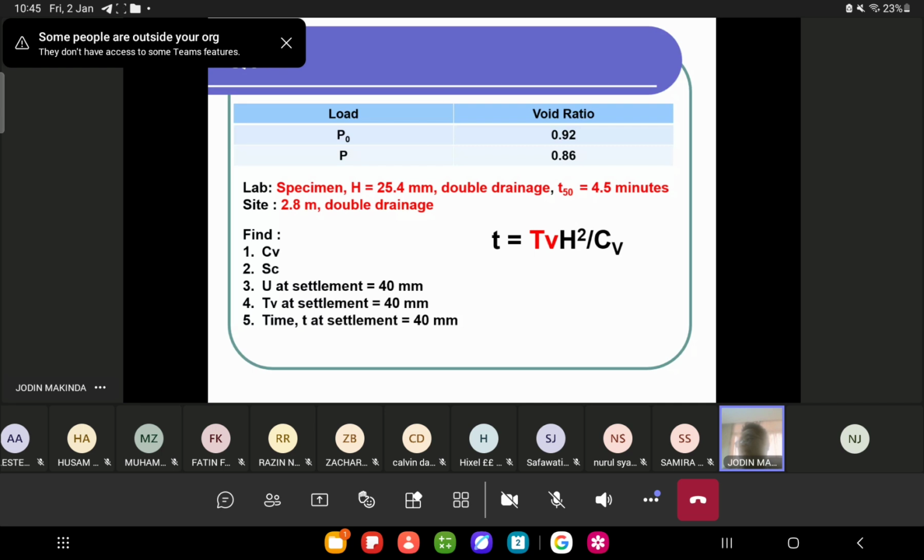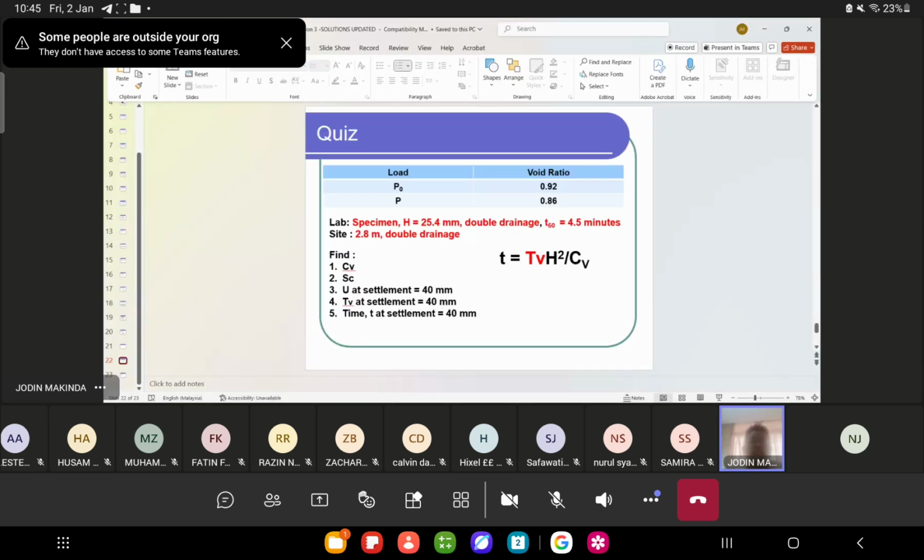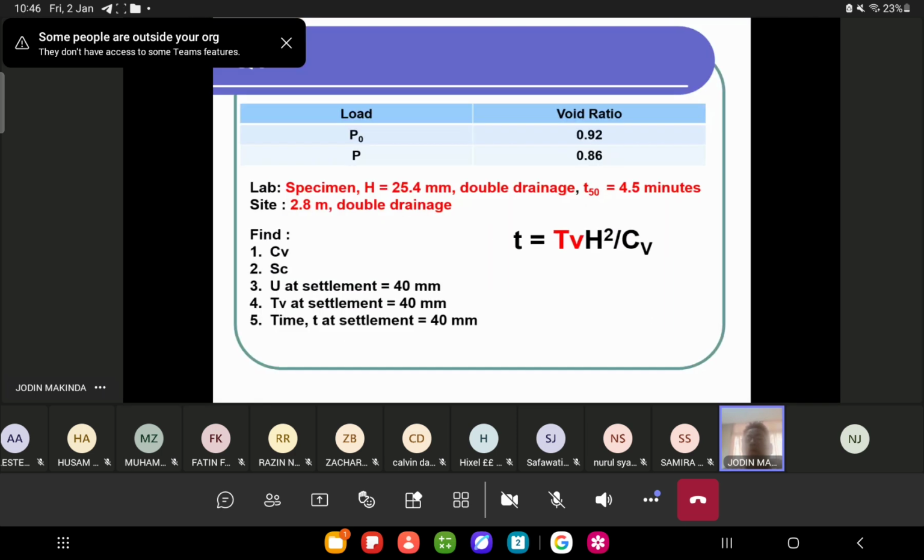I want you to try this question, this quiz. Find CV, find SC, find UT, and time. Given the lab data, given the site data. Yeah?